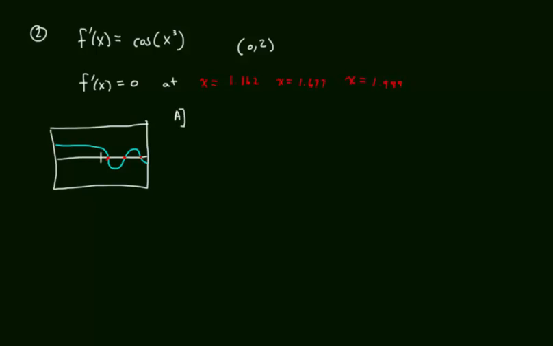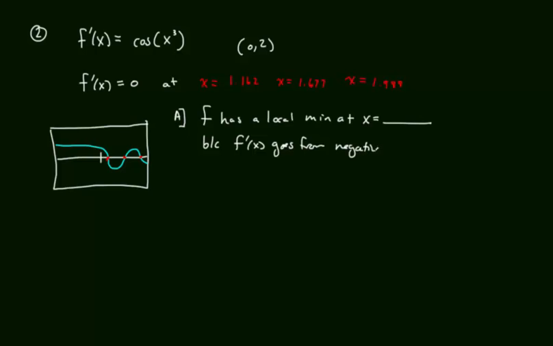Question A wants to know where the local minimums are. So f has a local minimum at x equals blank because f prime of x goes from negative to positive at x equals blank. So let's look at our graph.